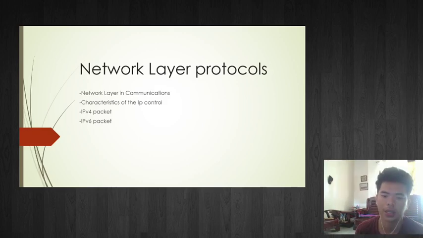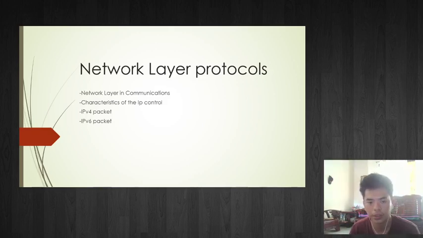Significant fields of IPv4 include the version, which contains a 4-bit binary value set to 0100 that identifies this as an IP version 4 packet. Next is the differentiated services, or DS. Next is the time to live, or TTL.